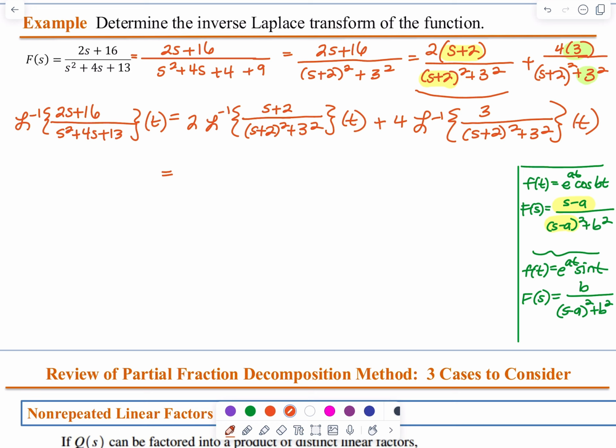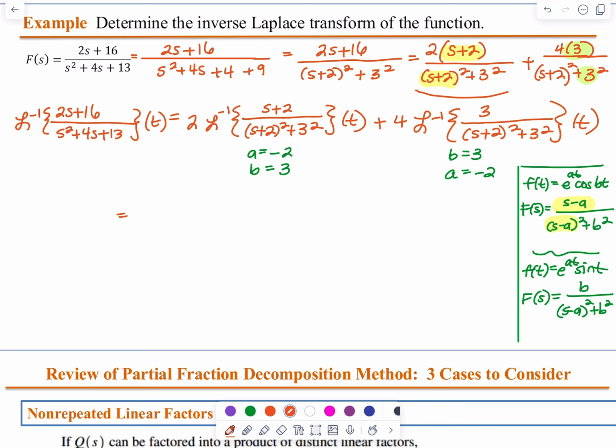You can see here that a is equal to negative 2, and we have that b is equal to 3. And same here, we have b is equal to 3, and a is equal to negative 2. So this works out really nicely for us, and we have what we need.